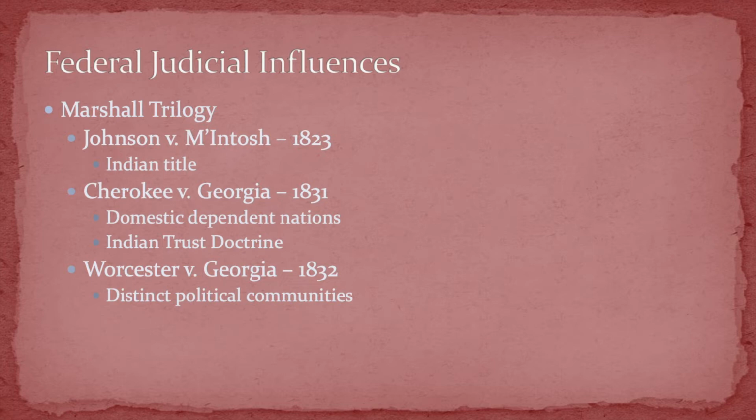And it was really about Indian title. Does an individual have the right to interact and exchange land for either other land, for money, whatever it is? Does an individual have a right to do that exchange directly with an Indian tribe? And Johnson v. McIntosh said no.